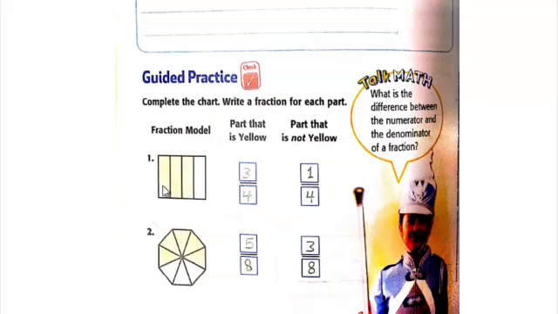How many total parts here? 1, 2, 3, 4. 4 parts. We want you to write the part that is yellow. So here, how many parts are yellow? 1, 2, 3. 3 parts. So 3 is called the numerator and 4 is called the denominator.